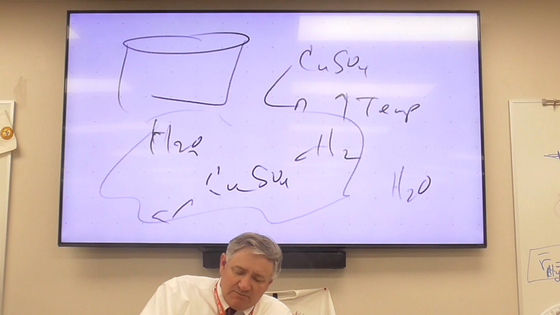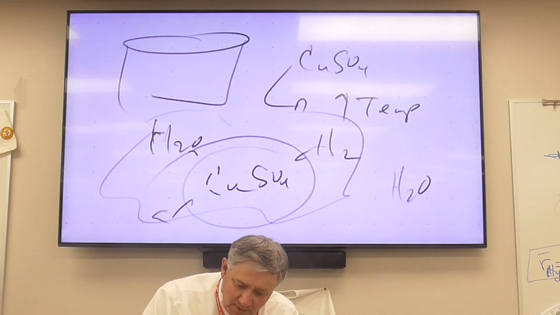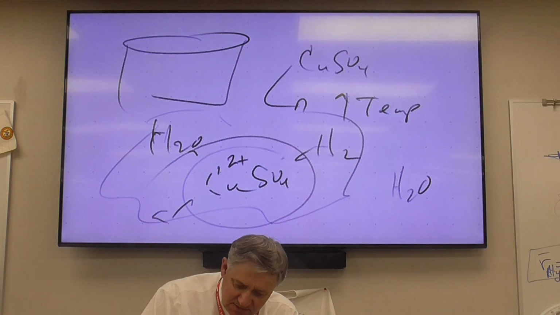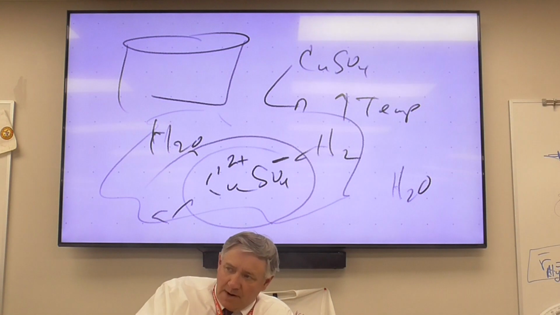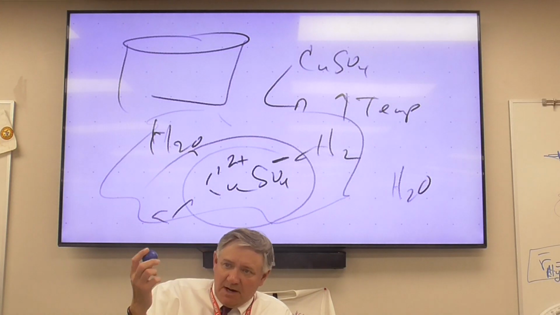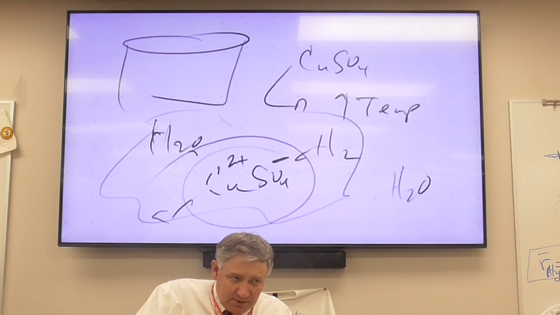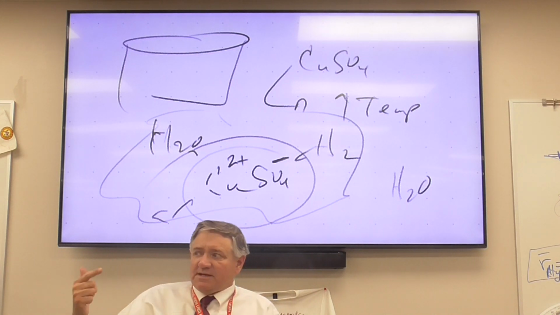So when you put that copper sulfate in there, copper is positively charged and sulfate is negatively charged. So the copper ion, because it's positively charged, is going to be attracted to the negative end of the water molecule. So this is a tug of war.